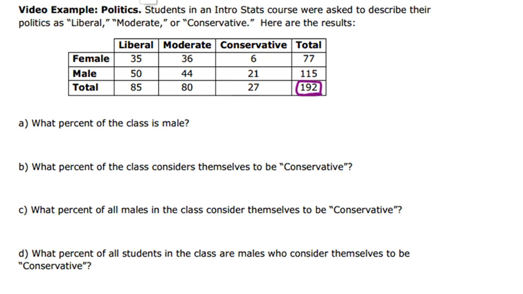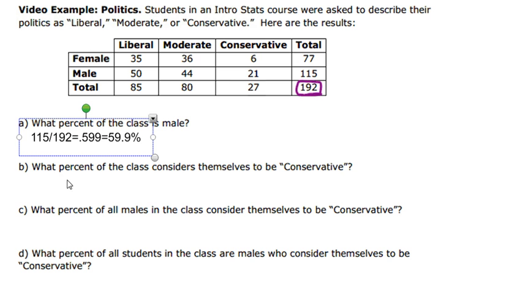So when they ask what percent of the class is male, you're taking the total number of males, which is 115, divided by the total number of students, which is 192. And when I divide those two, I get about 0.599, or 59.9%.